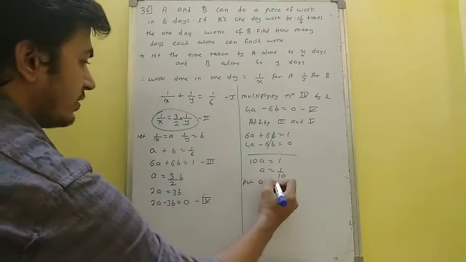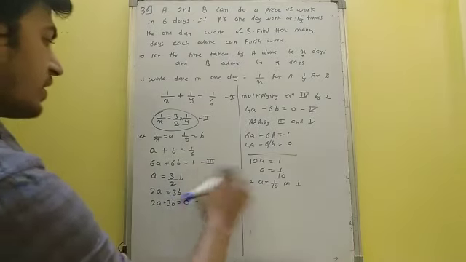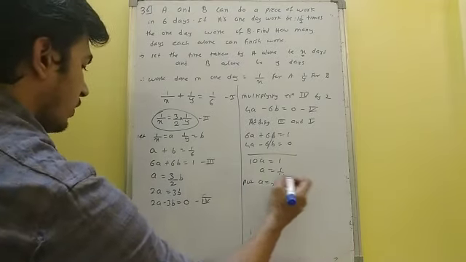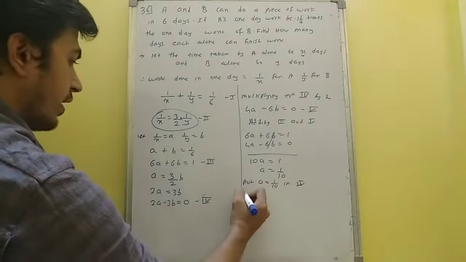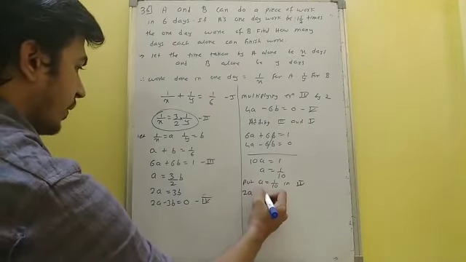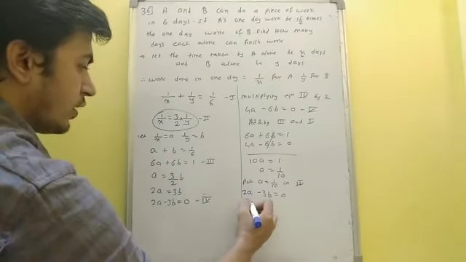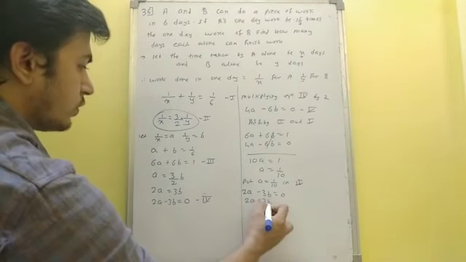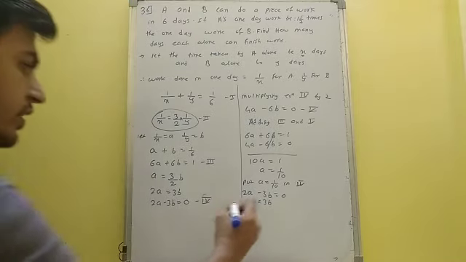Put a is equal to 1 upon 10 in equation 4. So we have 2a minus 3b is equal to 0, that is 2a is equal to 3b. The value of a is 1 upon 10.